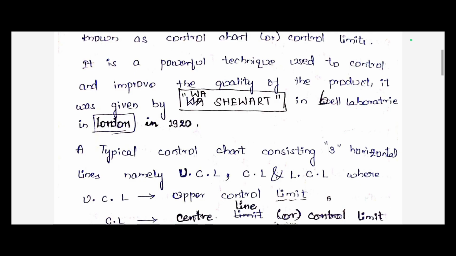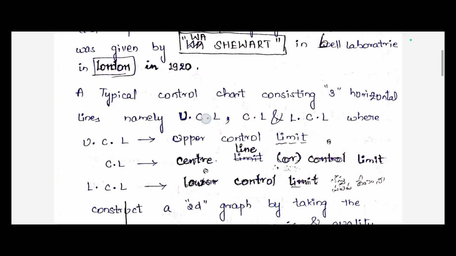It is a powerful technique used to control and improve the quality of the product. It was given by W. Shewhart in Bell Laboratories in 1920.